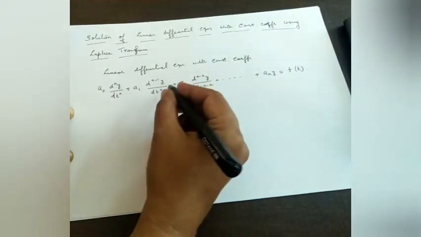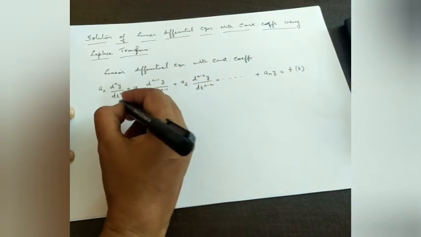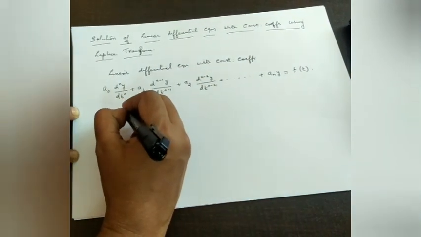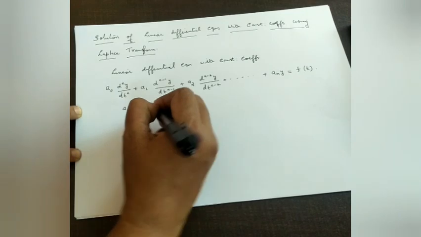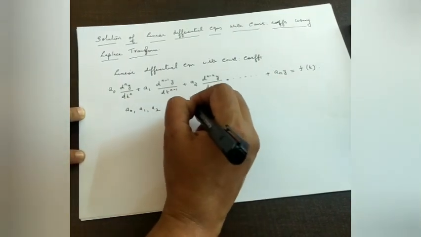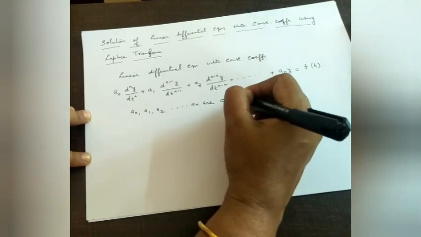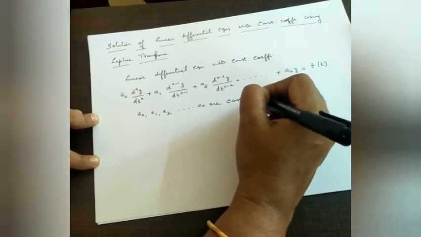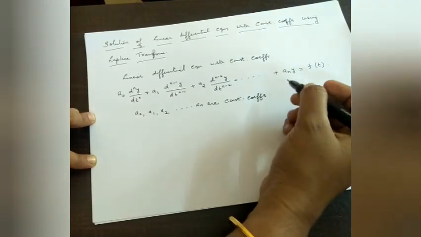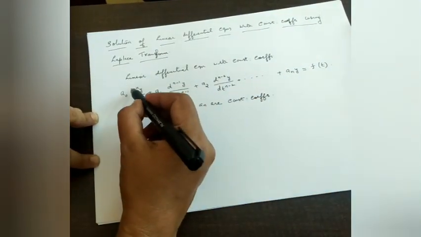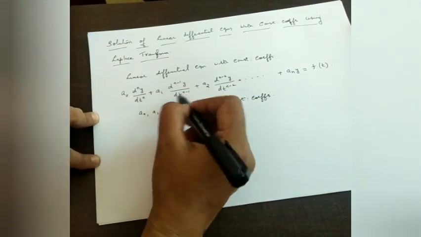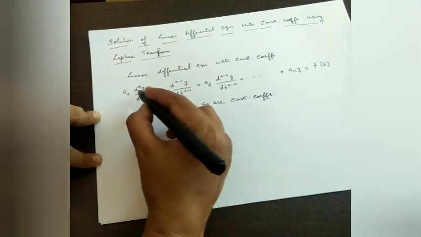This is linear differential equation with the constant coefficients. Here, a naught, a1, a2, etc. up to an are the constant coefficients. Here it is called linear because the degree of each term is equal to 1, and its order is n.